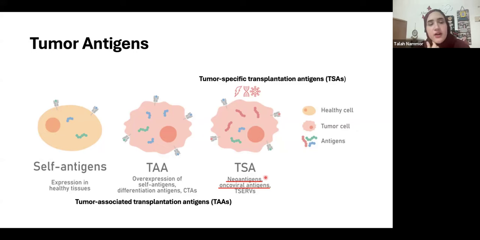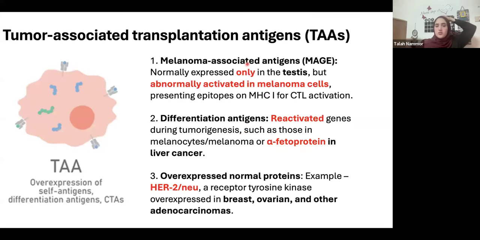You know how those viruses can cause cancer? That's how they do that, by releasing something called oncoviral antigens, and if we don't have the tumor-specific antigens for them, then too bad. So let's start with tumor-associated transplantation antigens.